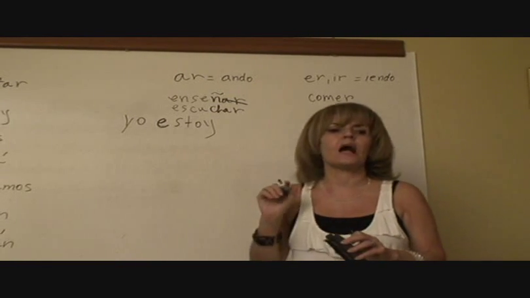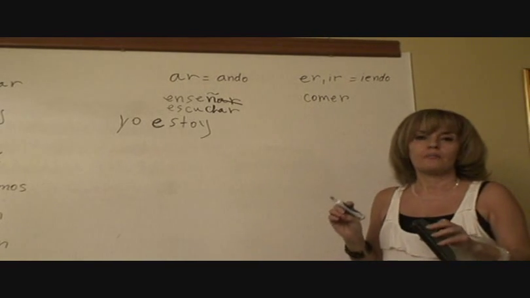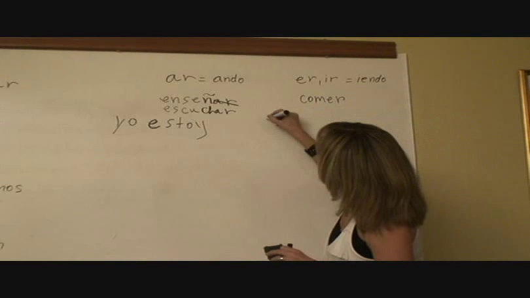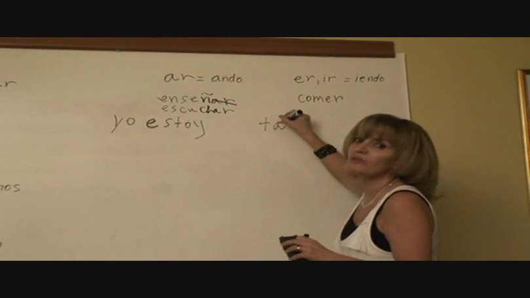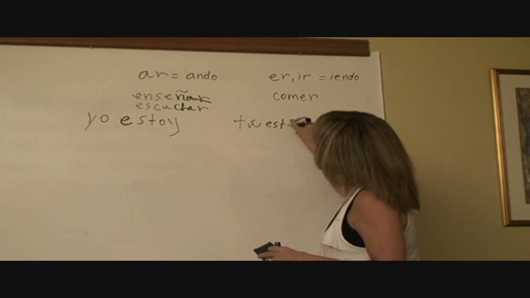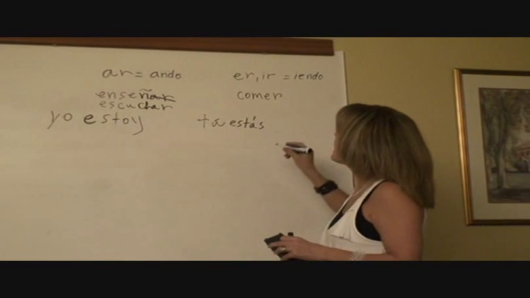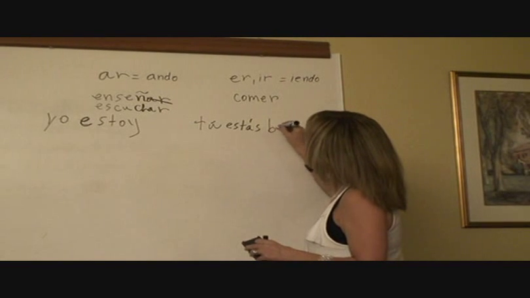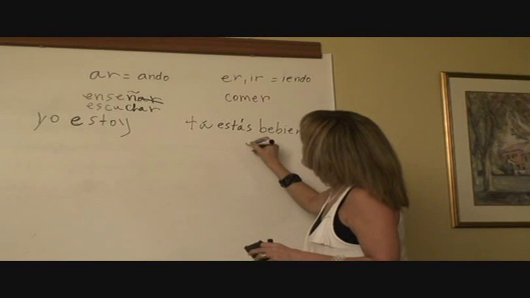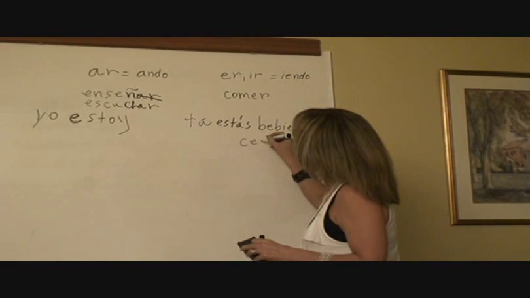This is another one with ER. Beber. Tú, I'm going to change to tú instead of yo because I always use yo. Tú estás, accent mark here, bebiendo cerveza, beer.